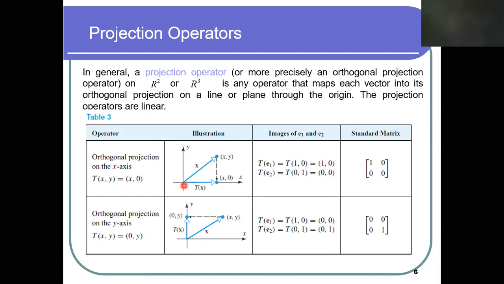If you apply T on this vector x, the point in the plane goes down to the x-axis, and this will be the resultant after applying T on x. Similarly, if you put the canonical basis of R2 in this transformation, you will get (1,0) and (0,0). In that case, the standard matrix for orthogonal projection on the x-axis is given over here.